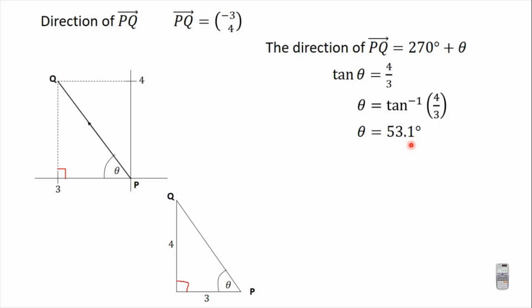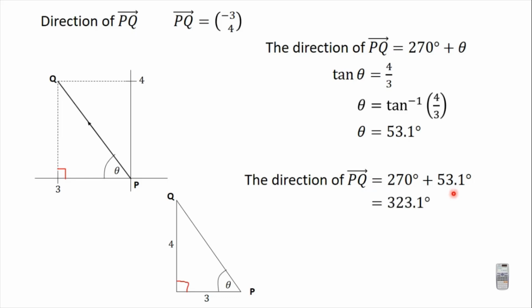If you watch the video on approximations, I explained how to use your calculator to correct a number to the nearest decimal place. So if you don't know how to do that, you can watch that video and you'll be able to understand how to use your calculator to correct tan inverse of 4 over 3 to 1 decimal place, and that is 53.1. So the direction of vector PQ is equal to 270 degrees plus theta, which is now 53.1, and this will give us 323.1 degrees.